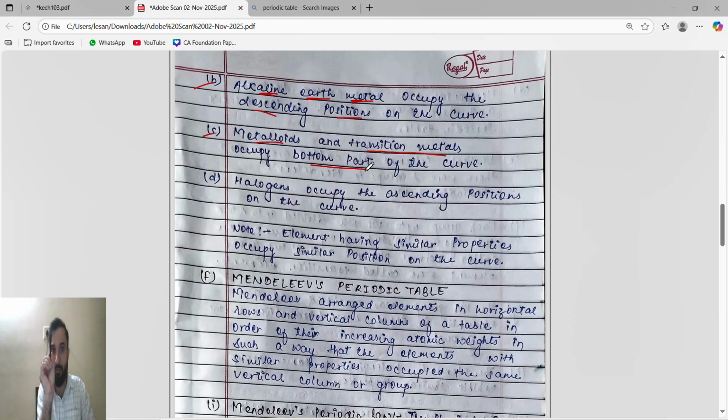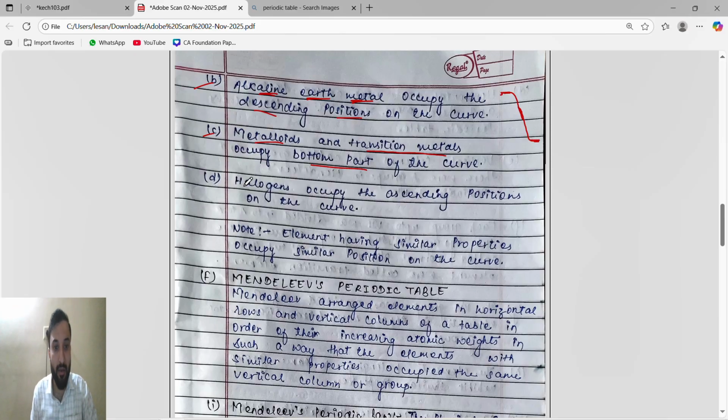When you are coming down, descending position, you will get alkaline earth metal. When you reach the bottom, you will find metalloids and transition metals.